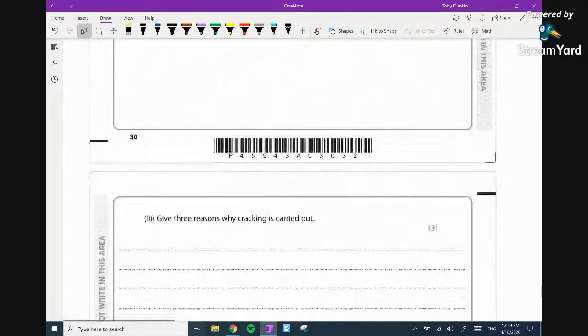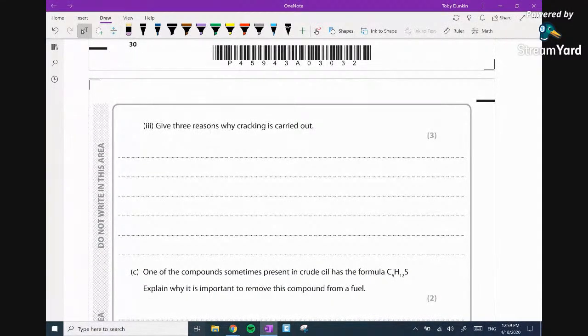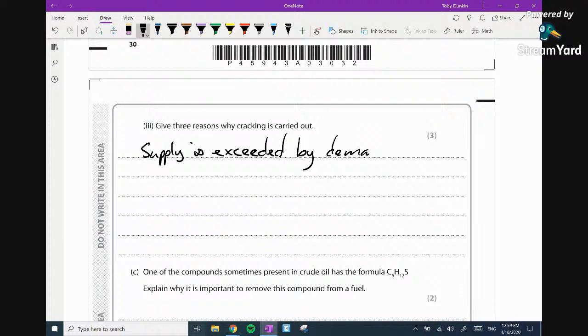Really clever. Give 3 reasons why cracking is carried out. Supply is exceeded by demand. Shorter alkanes burn better.